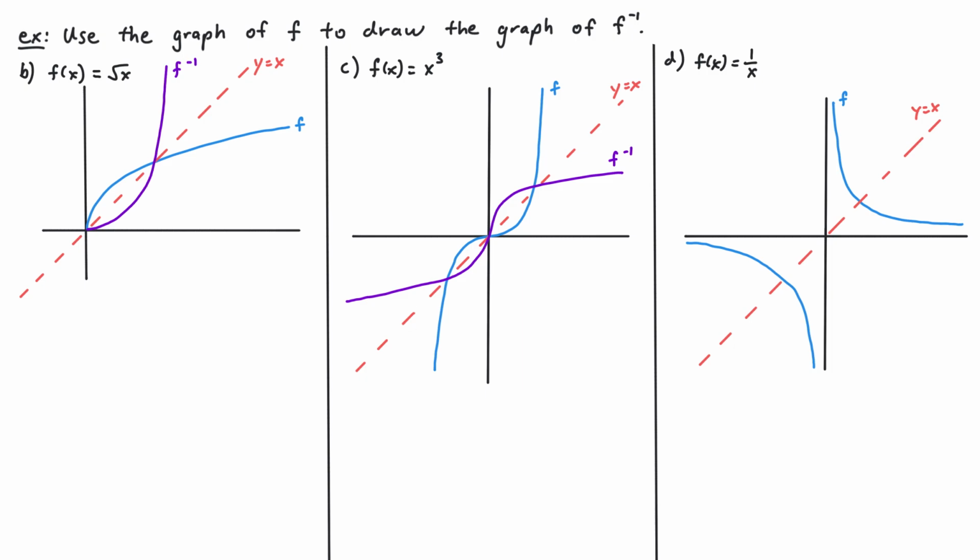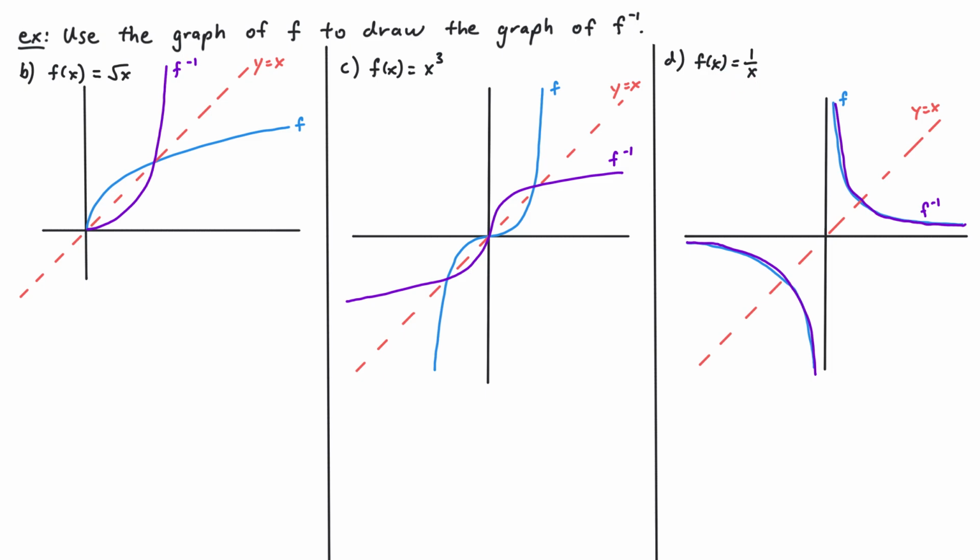So if we take the graph of f and we take its mirror image across the line y equals x, we would end up with the same picture. So the graph of f inverse would look identical to the graph of f. Since the graphs of f and f inverse are the same, it means that they're the same function. So this tells me that the 1 over x function is its own inverse.